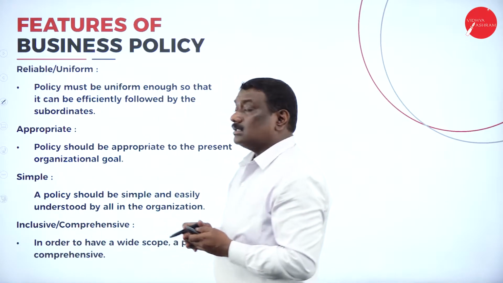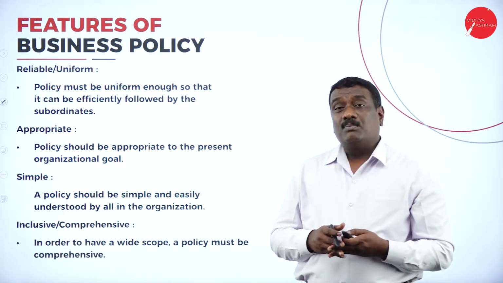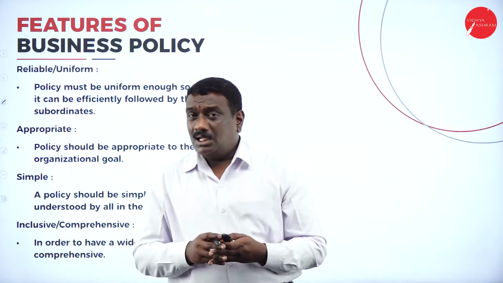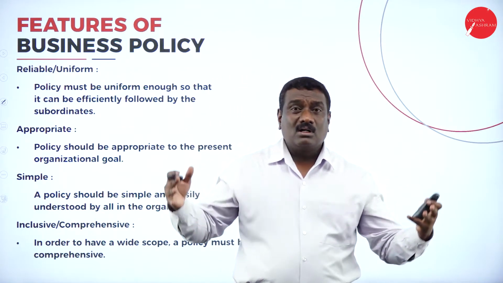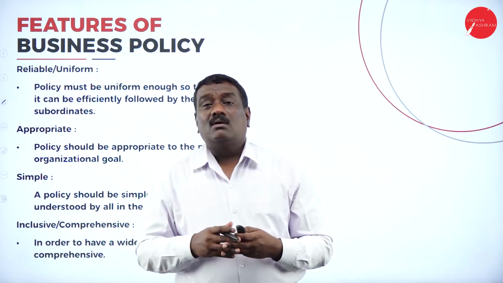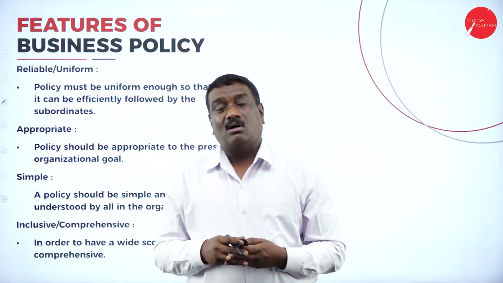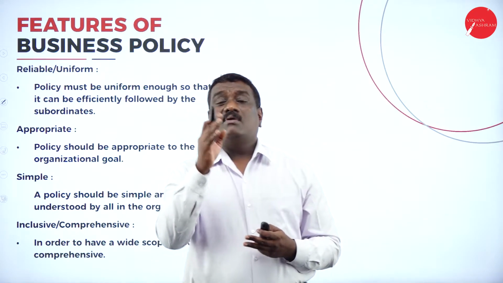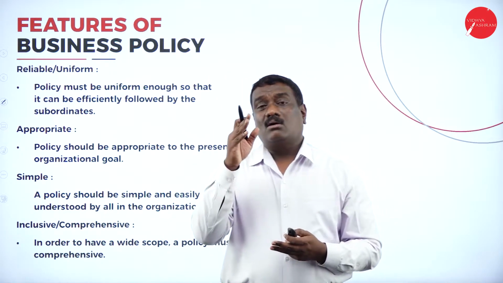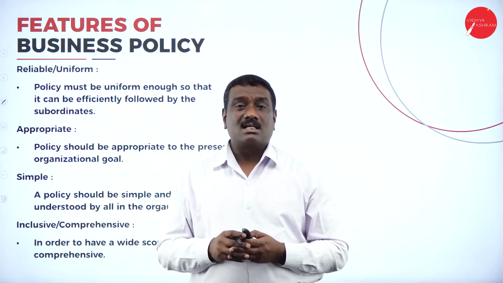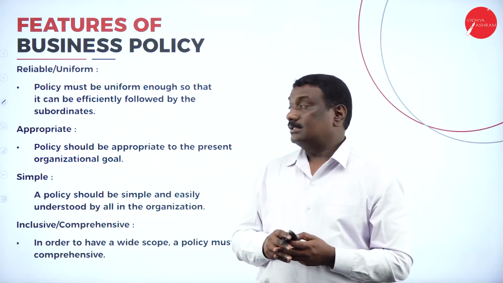And we have simple. Simple means that the policy should be very simple in nature. It should not have too many complications, such that it cannot be understood by the employees of the organization. Every policy made by an organization should be a very simple one, easy to understand and also easy to implement.